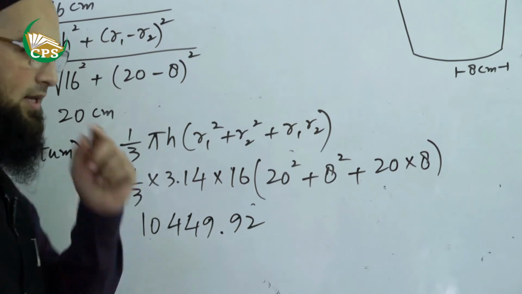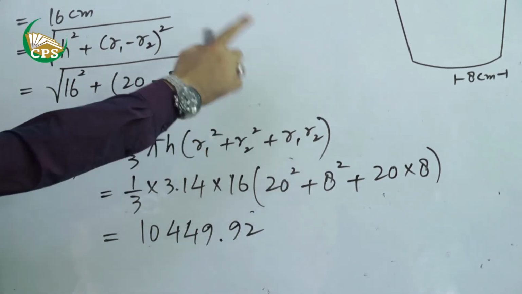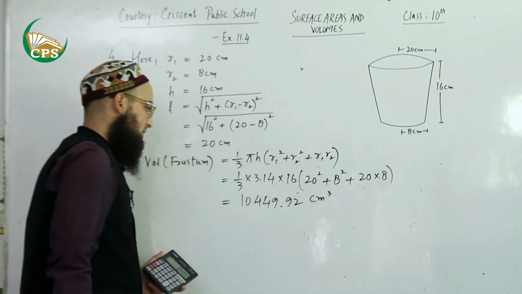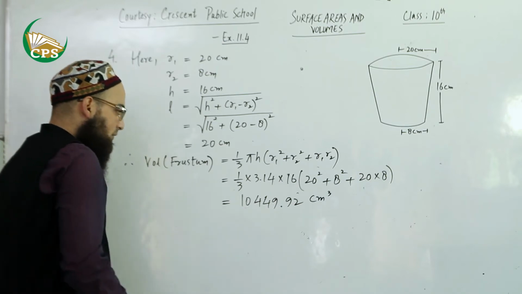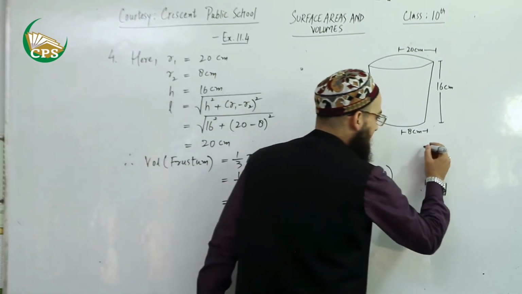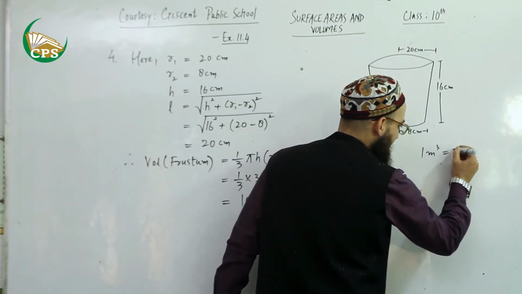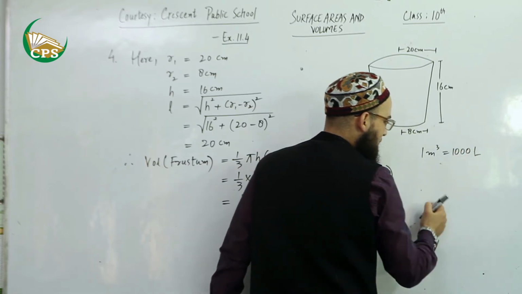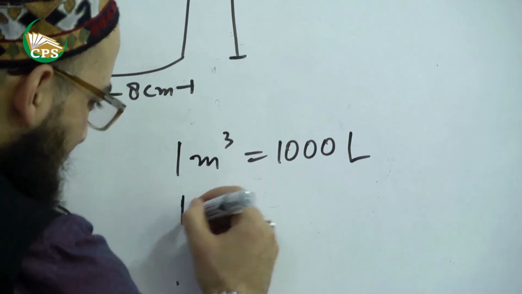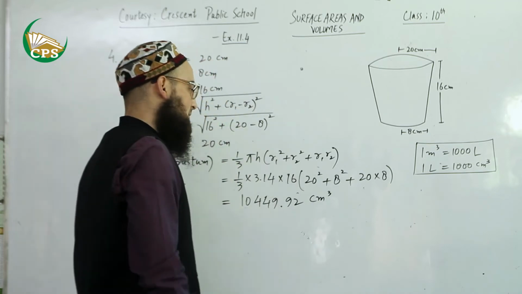10449.92. Now it says rupees 20 per liter. Our units are centimeter, so this is in cubic centimeter. Now let me convert this to liters. You know the conversion? 1 cubic meter is equal to 1000 liters. And 1 liter is equal to 1000 cubic centimeter.